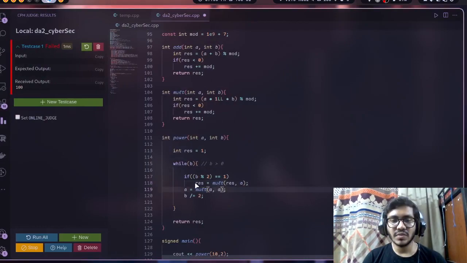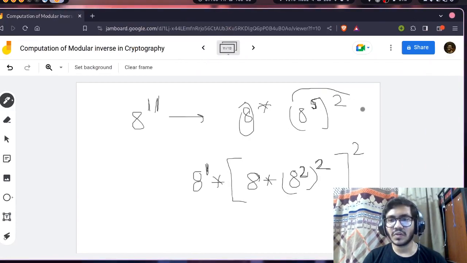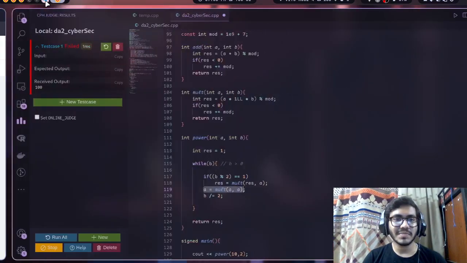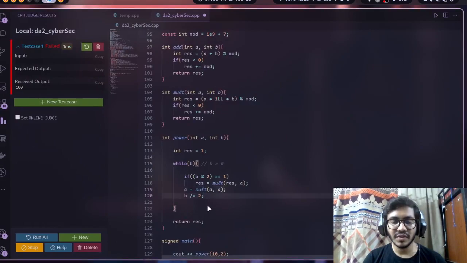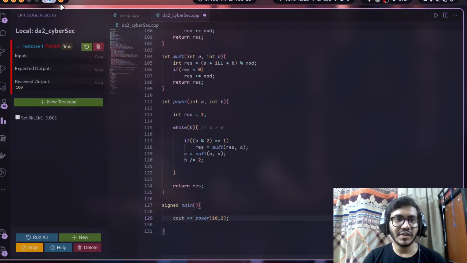So res is basically the answer, and for a, you multiply it again with itself, right? So actually I'm explaining it top down. Now I'll explain how the code works here itself.